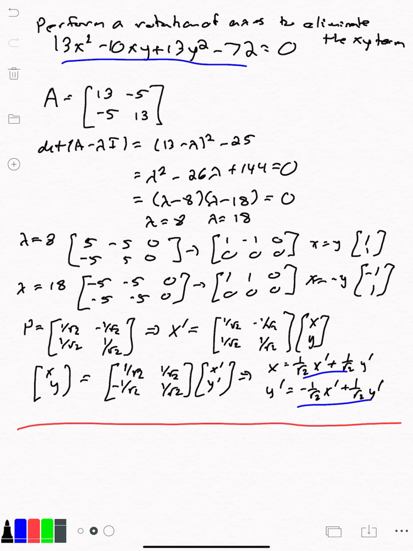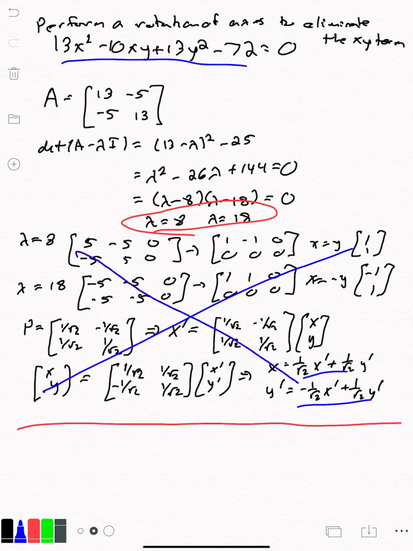It turns out that you can skip all of that work, and once you get the eigenvalues, you can skip all the eigenvector part here completely. Once you get the eigenvalues, the simplified version is going to be just the first eigenvalue, x prime squared, plus the second eigenvalue, y prime squared, and then you keep the constant term there.